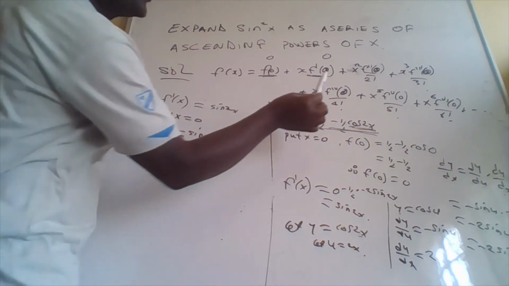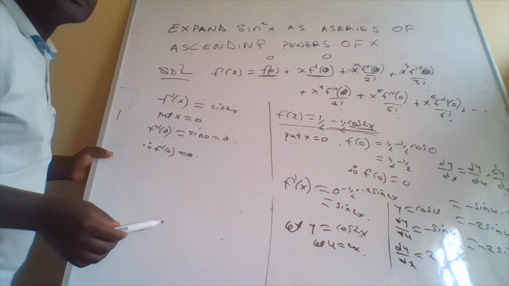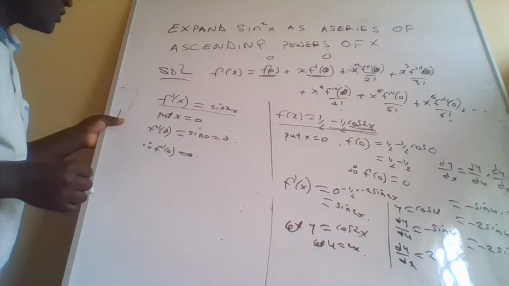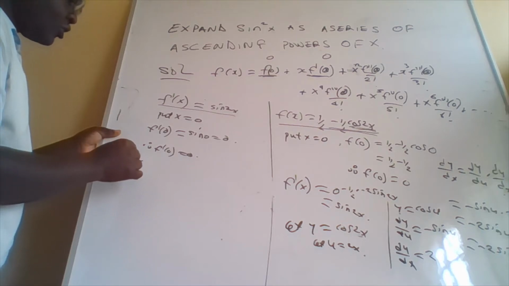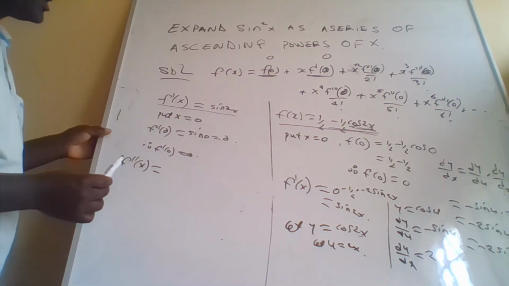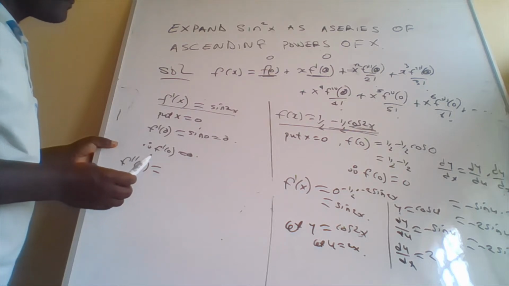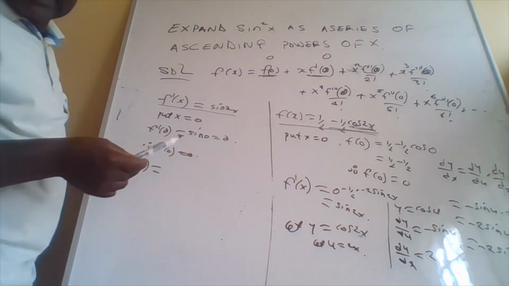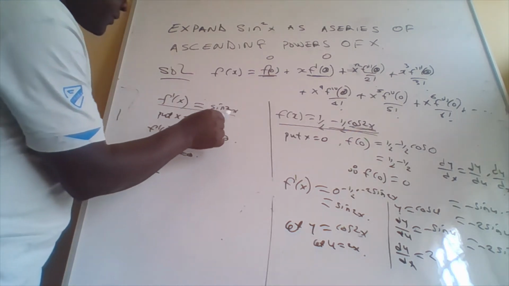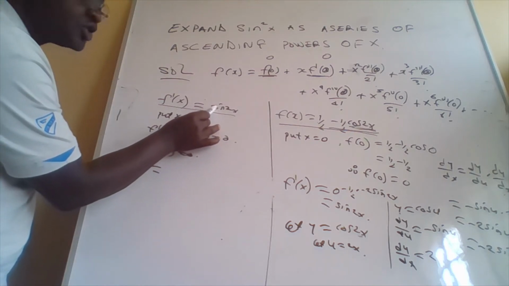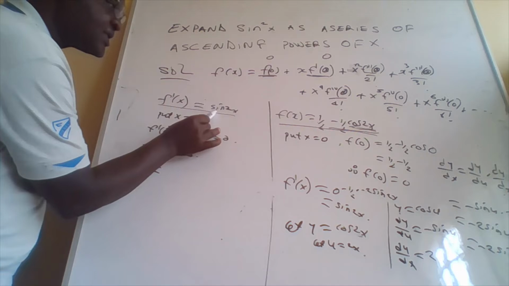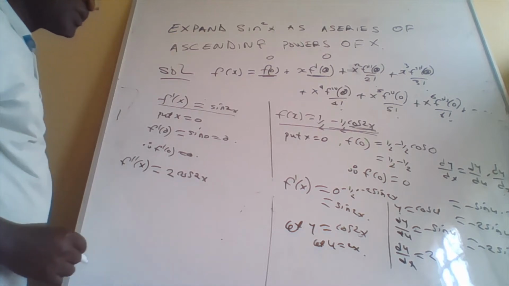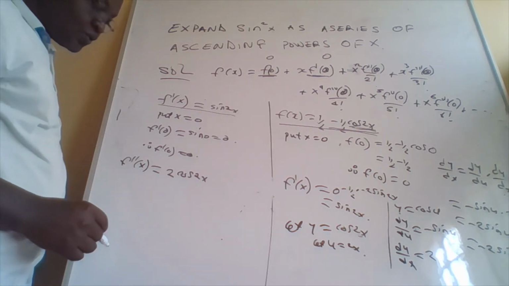How do we get f''(0)? Differentiate this equation. So we have f''(x) equal to, when you differentiate sine 2x, you again apply the chain rule here, and we get 2 cos 2x.